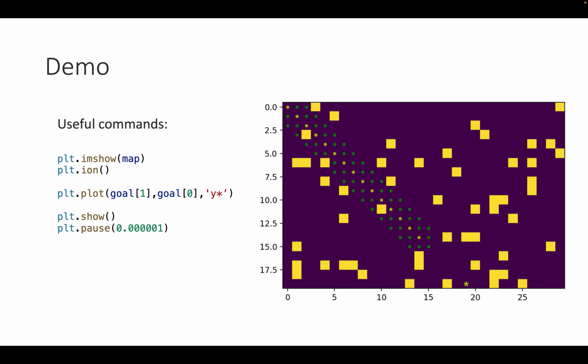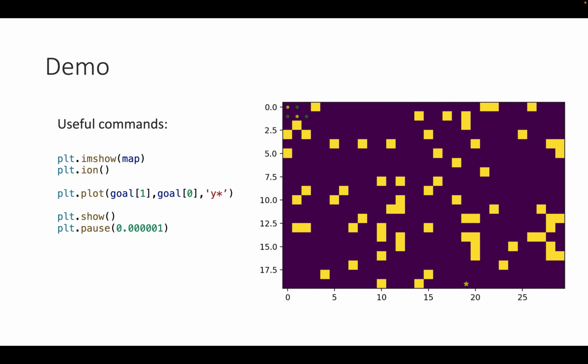I want to give you a couple of tools to visualize things better. You can visualize a grid map like you created in VBots using the matplotlib library and use imshow for the map. I turn on interactive mode like this.